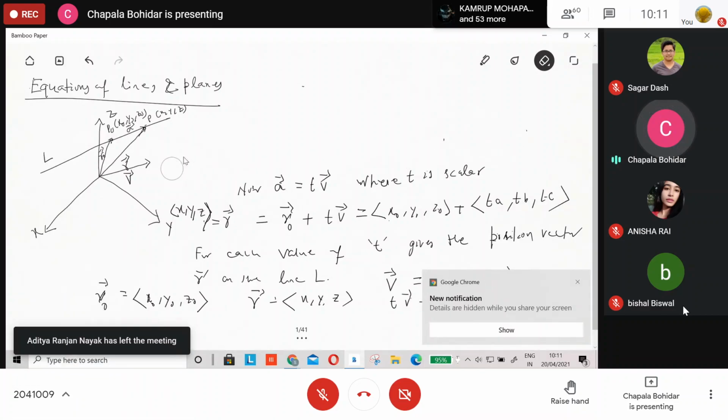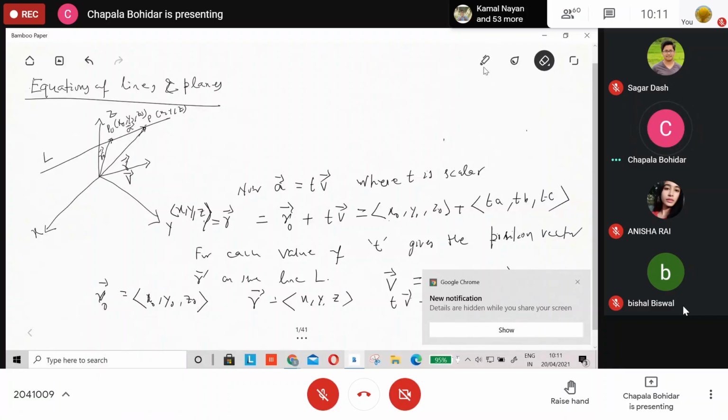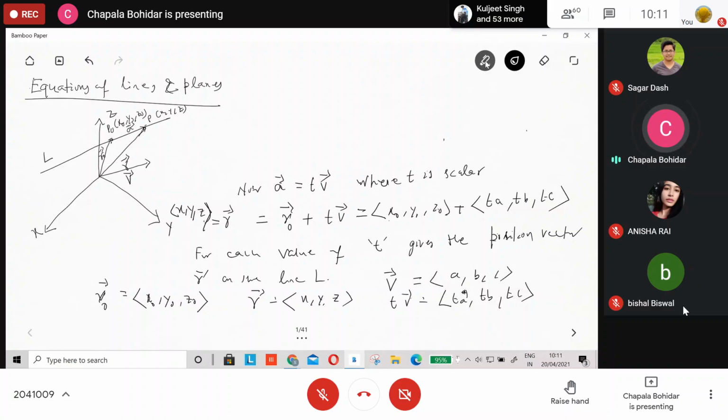That is the important part. Vector equation, parametric equation, and the symmetric equation, you may get such questions.